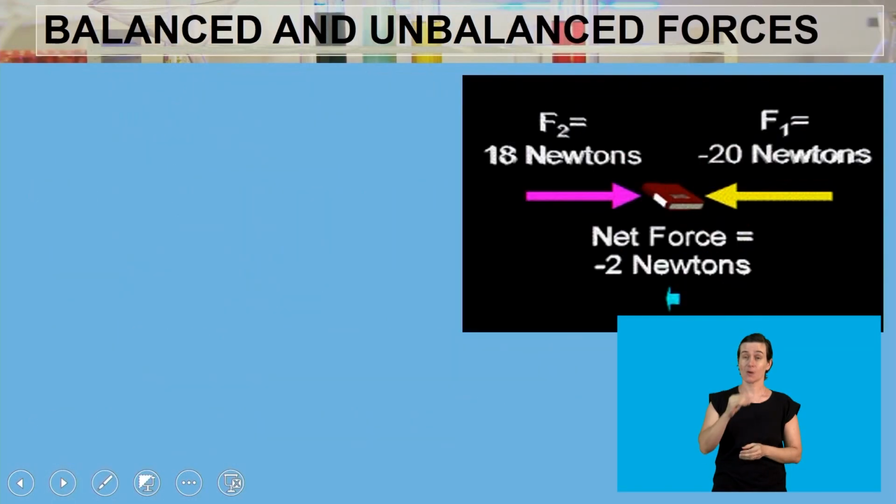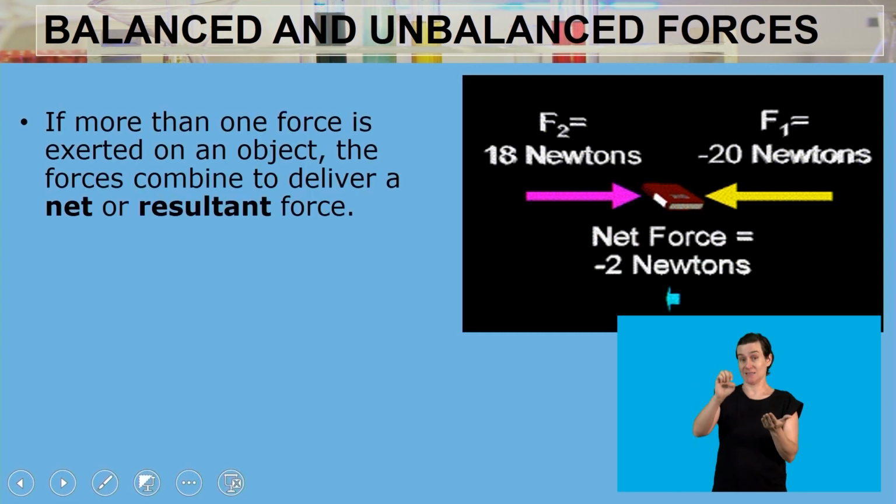Forces only balance each other out if they're exerted on the very same object. Then we can say those forces, after they've balanced each other out, are at equilibrium. Should they not be exerted on the same object, they can't balance each other out.